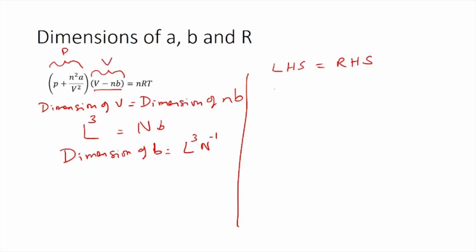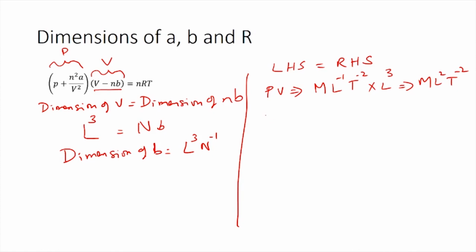So, now the left hand side is basically P times V, which is pressure, M L minus 1 T minus 2, times volume being L cube, giving you dimensions of M L squared T minus 2. The right hand side should also have the same dimensions.